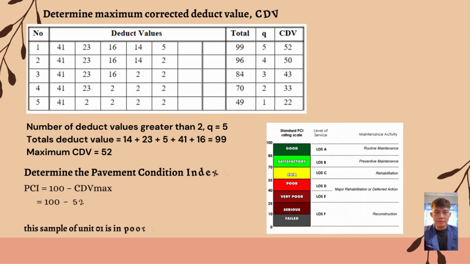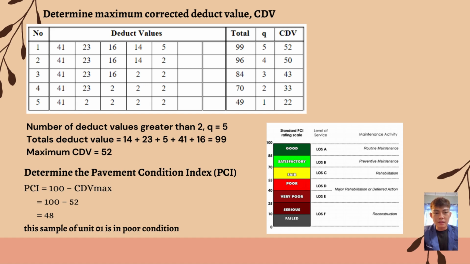Moving on, second step, determine the maximum corrected deduct value, CDV. In the table, we can see clearly that 52 is the maximum CDV in this PCI survey for the sample unit. For the total deduct value, we sum all the deduct values, and we get 99.